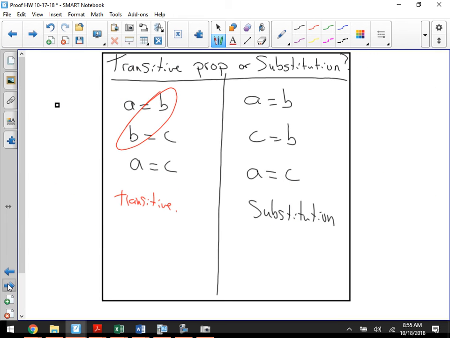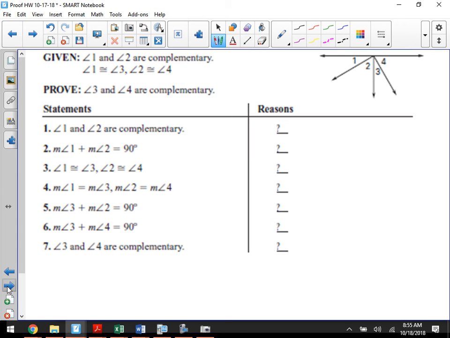Then the last one you guys did last night was a bunch of complementary things. Now we did, I think we started one similar to this yesterday, but I don't think it has many angles to it. So let's see here. 1 and 2 are complementary. What's my reason? Given.